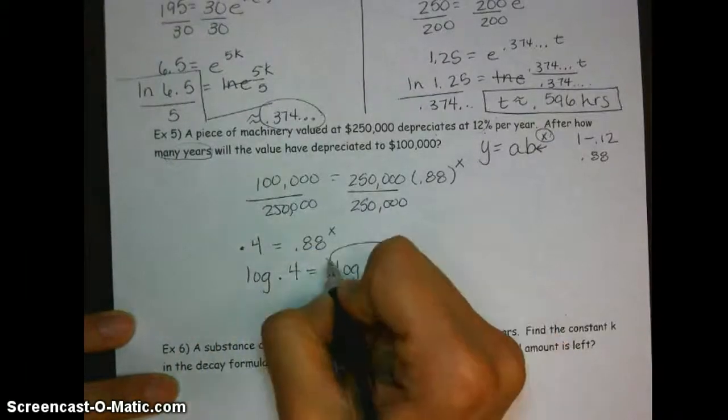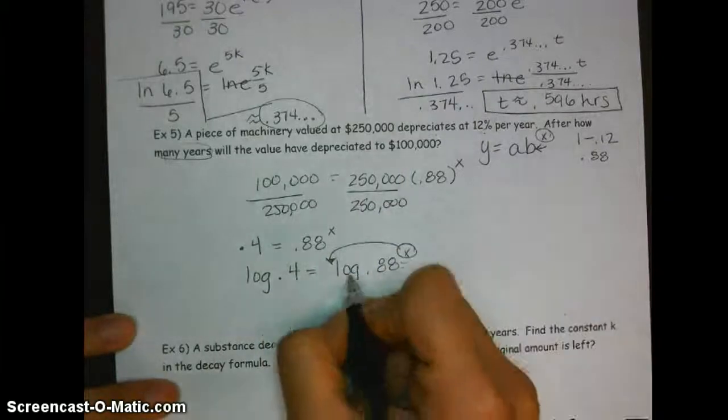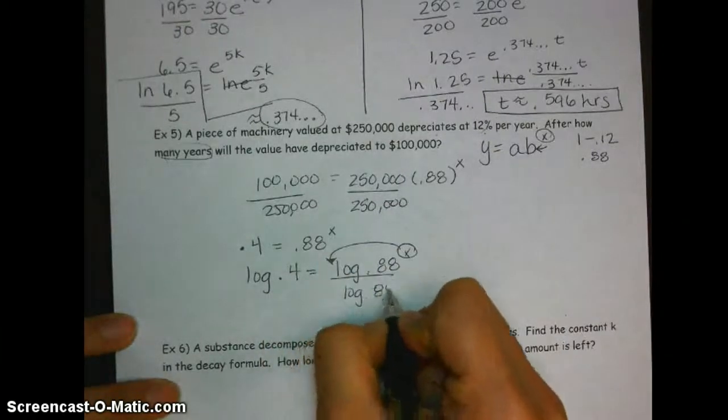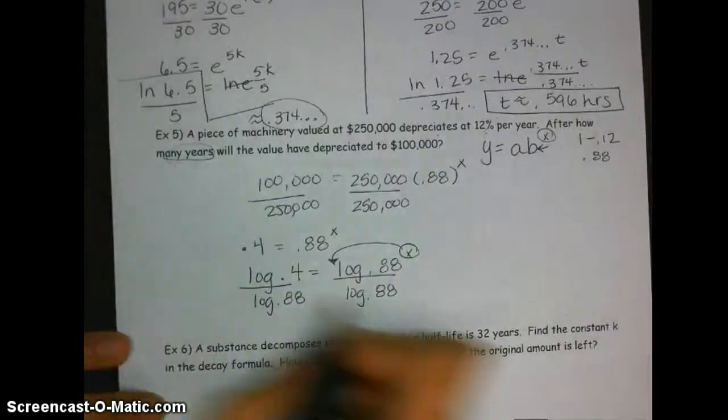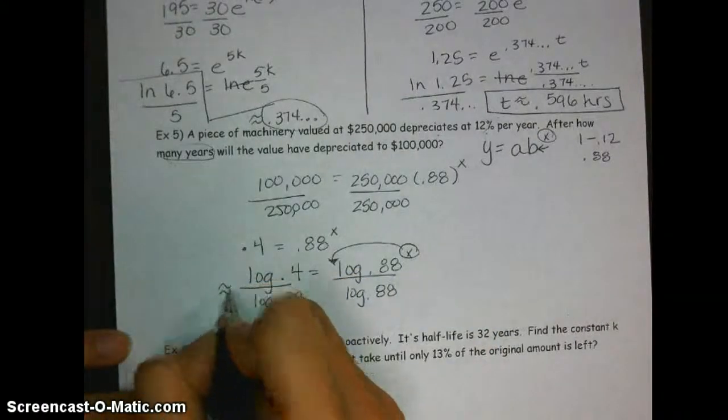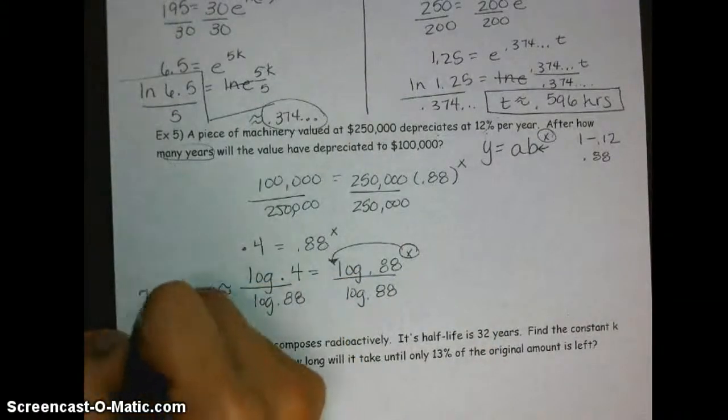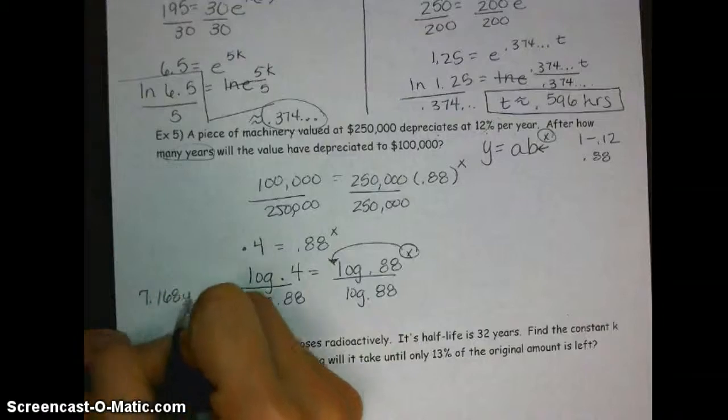This exponent is really a multiplier from log rules. So that's my exact answer, and then my approximation is 7.168 years.